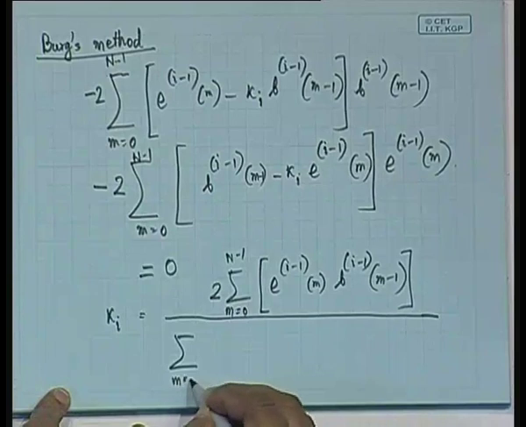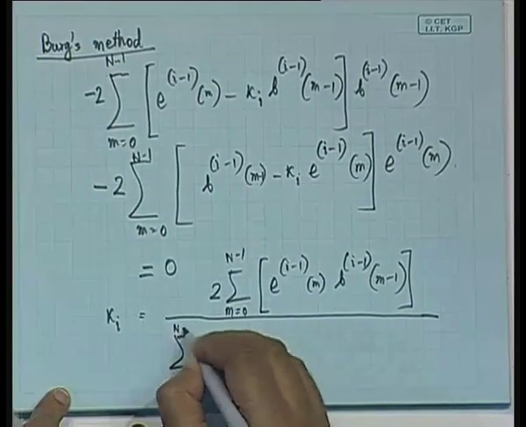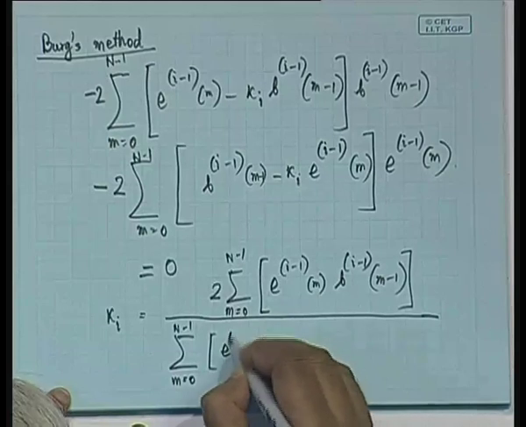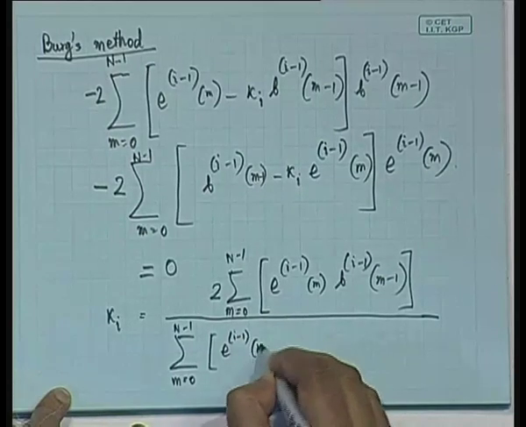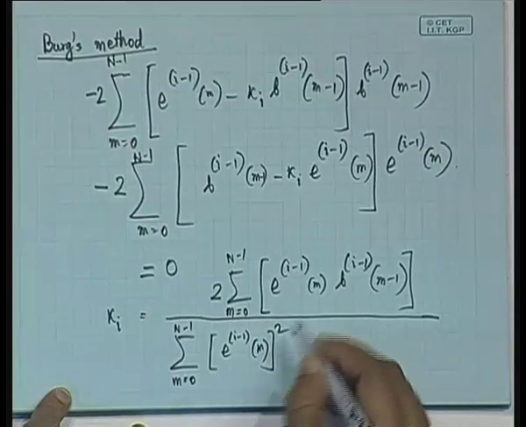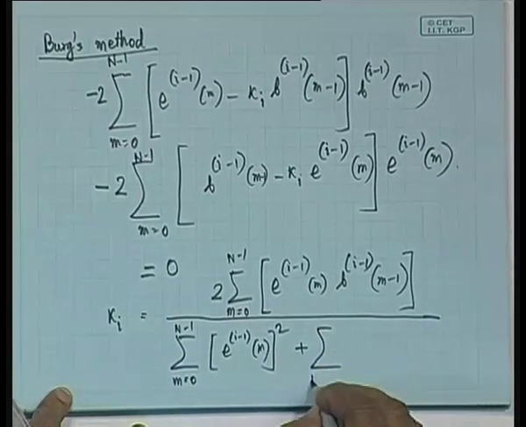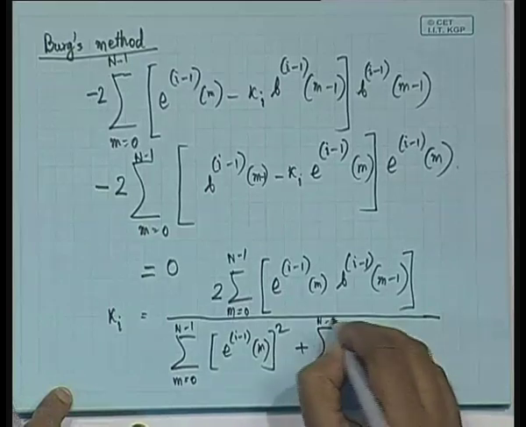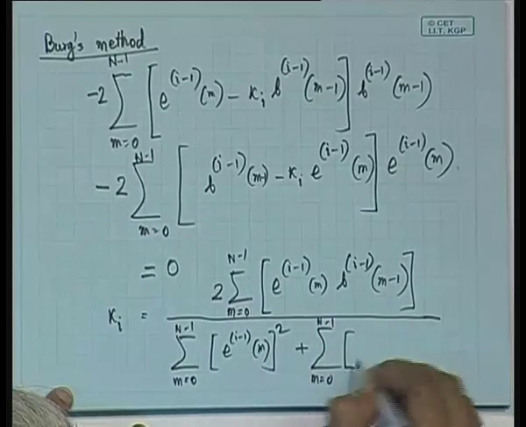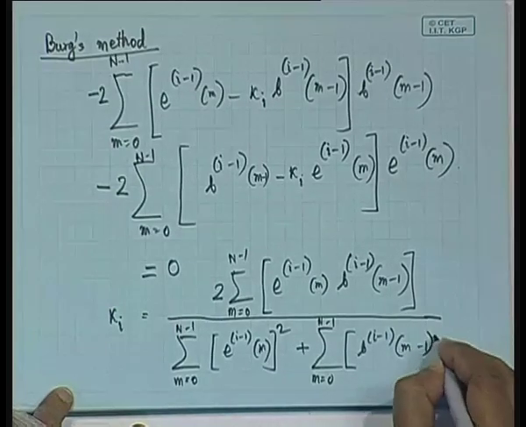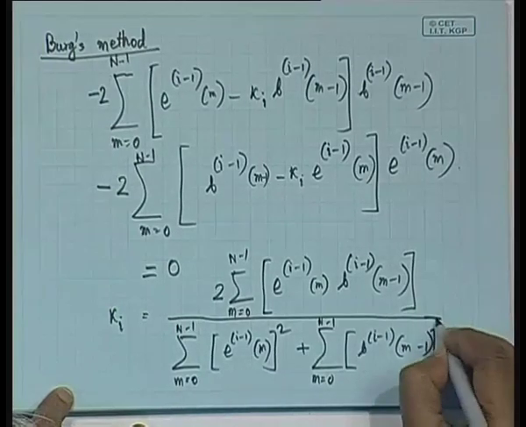The denominator term will be summation M equal to 0 to N minus 1 EI minus 1 M square, plus summation M equal to 0 to N minus 1 BI minus 1 into M minus 1 whole square, right.